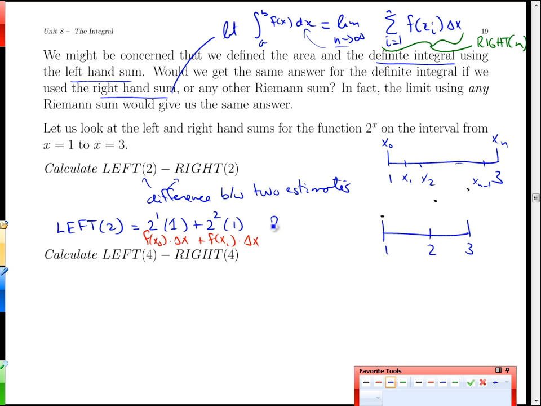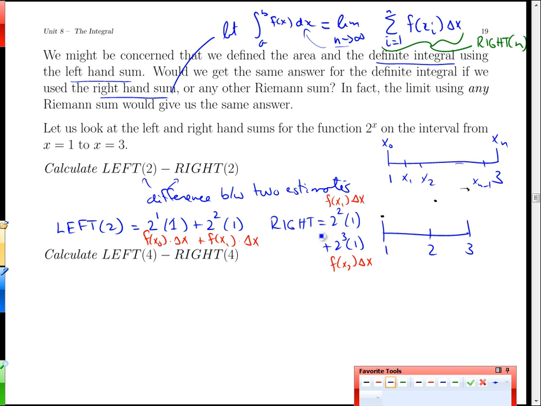Meanwhile, the right estimate is going to involve, on this interval, taking the graph back from 2 and from 3. So we would have 2 squared times 1 plus 2 cubed times 1, same idea. Now it's f of x1 delta x and f of x2 delta x.